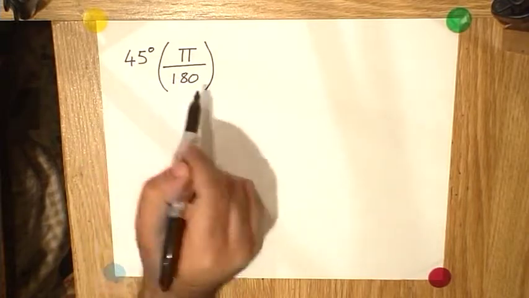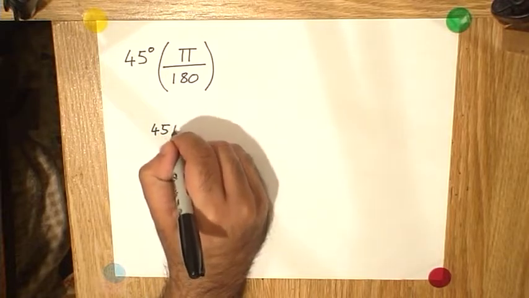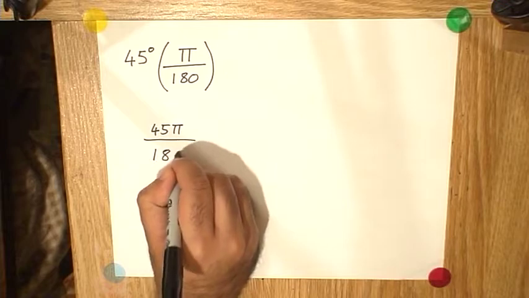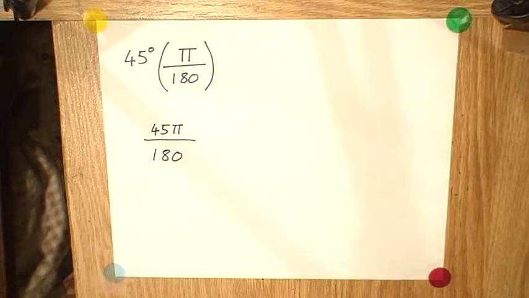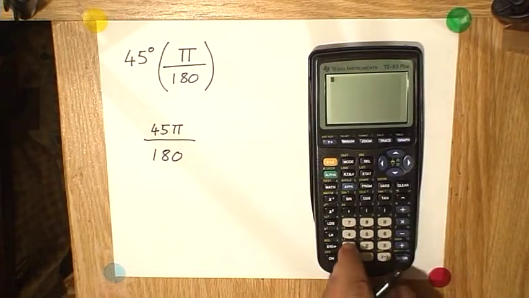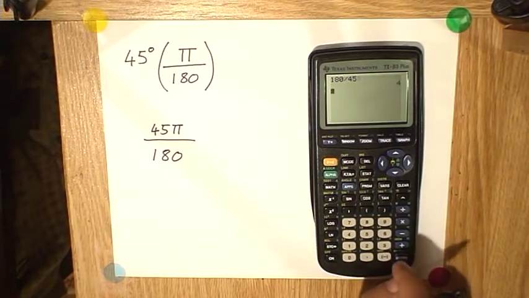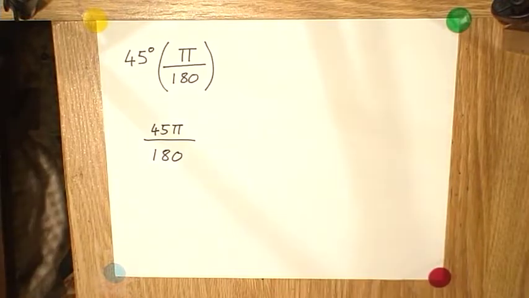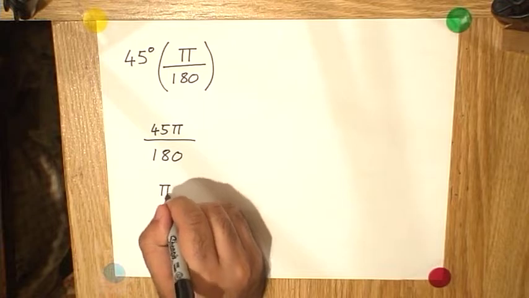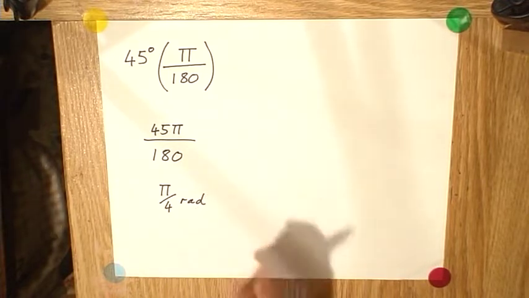So when I multiply this across just like a fraction, I would get 45 pi over 180. Now, 45 happens to be a factor of 180. I can divide top and bottom by 45, and that'll give me 4 on the bottom. So that means this whole thing reduces down to pi over 4 radians.